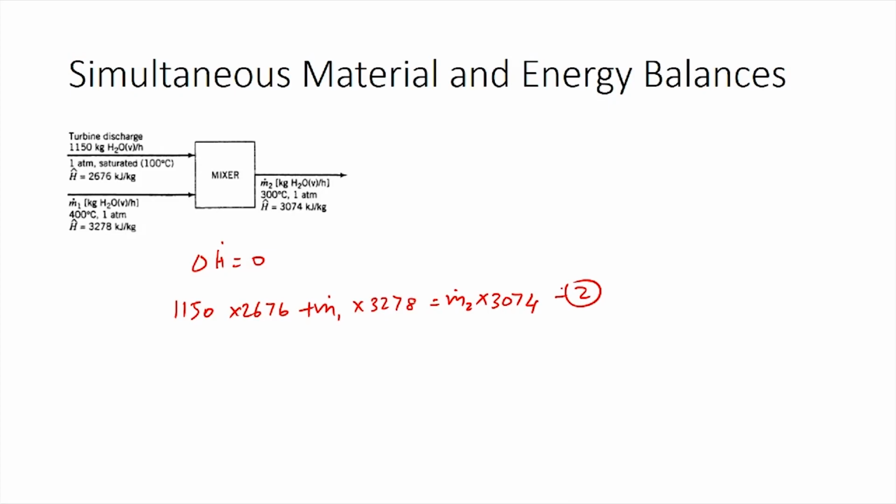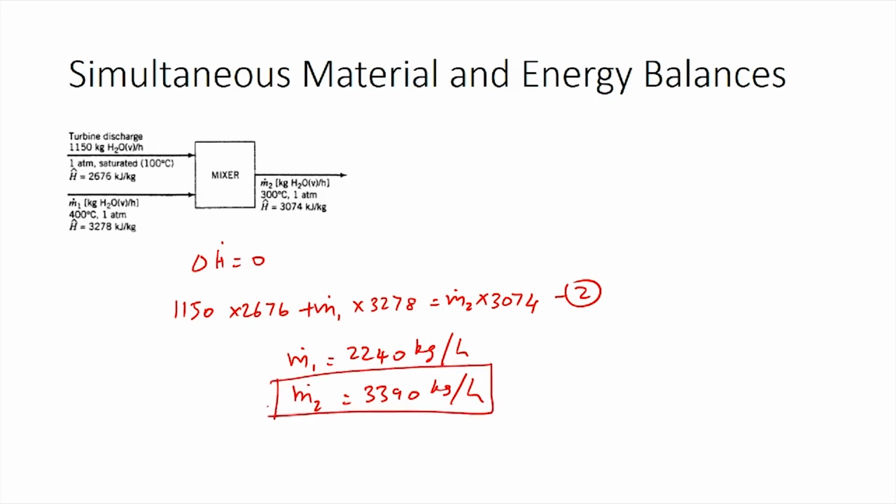Using the material balance and this equation, we can solve them simultaneously to get M1 dot and M2 dot. So, M1 dot would be 2240 kilograms per hour and M2 dot would be 3390 kilograms per hour. M2 dot is the mass of the final superheated steam which is produced from the mixer. So, 3390 kilograms per hour of superheated steam at 300 degrees Celsius is produced from this mixer.